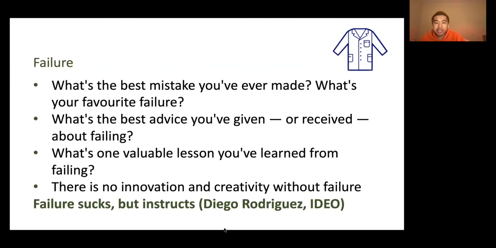The important thing is that there's no innovation and creativity without failure, because there's so much risk bound to happen. So for us, it's about learning to dance with failure and learning to coexist with the ambiguity that's part of the process. One of the things that I also learned through my innovation journey is killing your darlings.